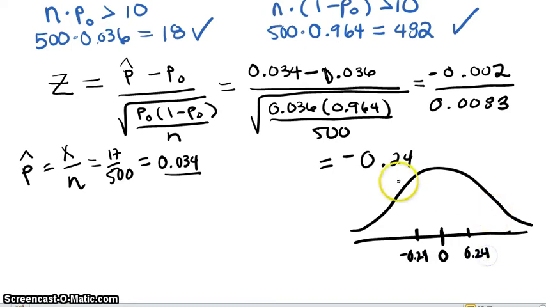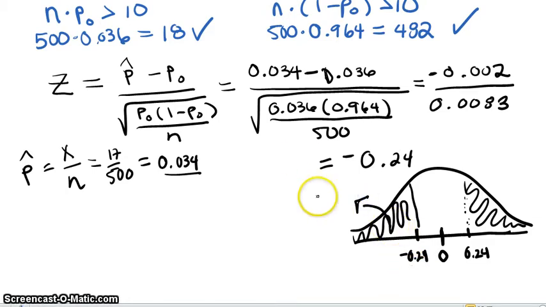So we need to get the upper and lower sides that are more extreme than our test statistic, and we find from the standard normal table, if we look it up for the area that falls below negative 0.24, for a z of negative 0.24, we get then this to be 0.40517.